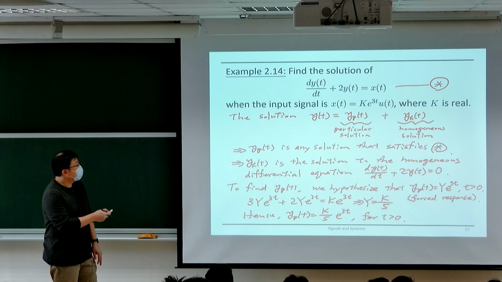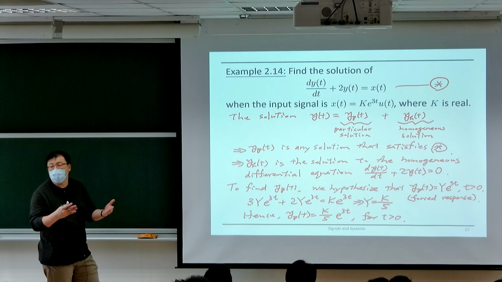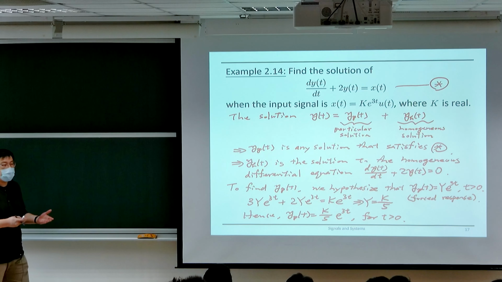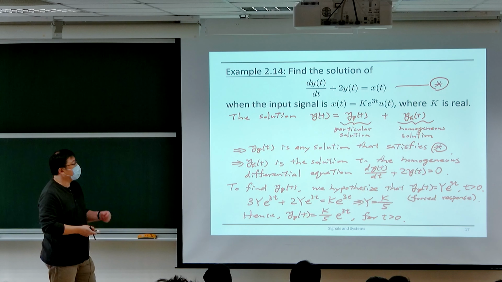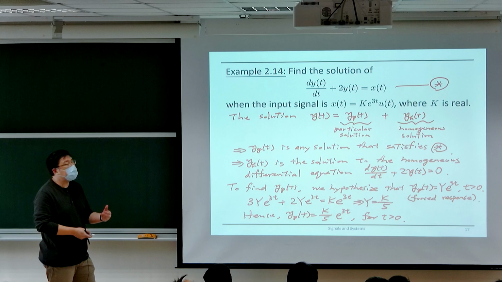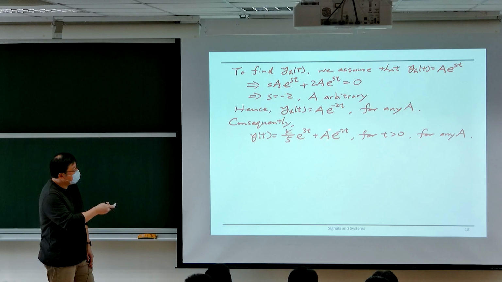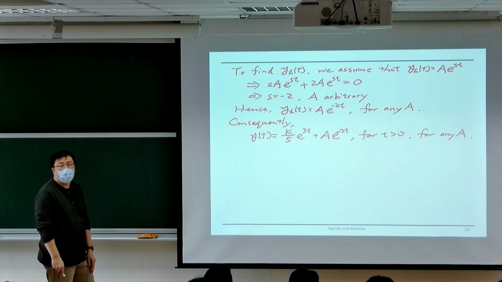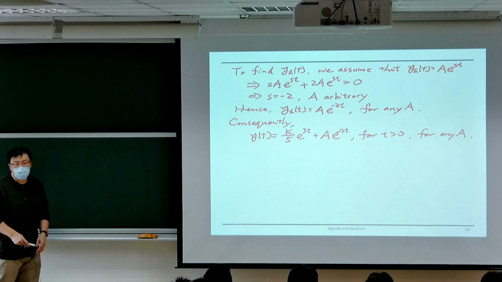Like in a course on differential equations, this is like specifying boundary conditions. But in terms of our system analysis, we would like to give some common conditions to help us further specify what this value of a could be, and probably even more, what happens when t is less than 0.